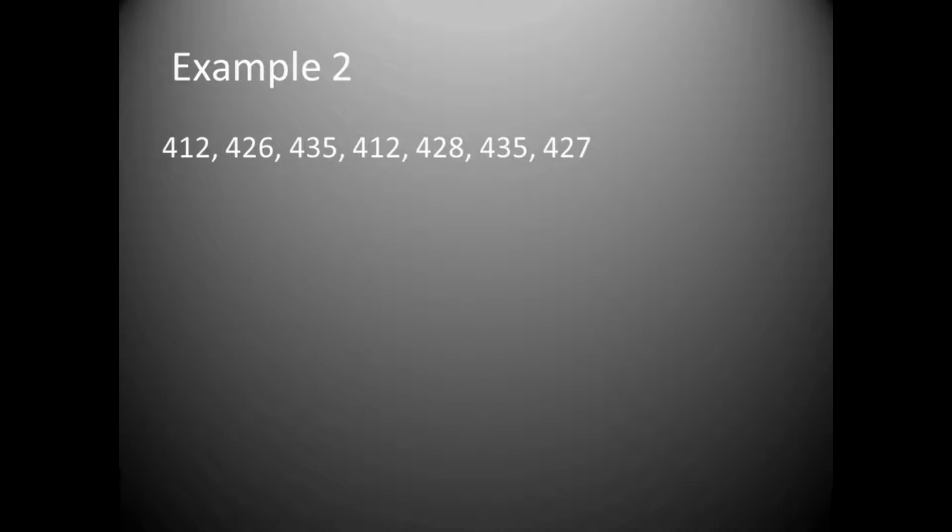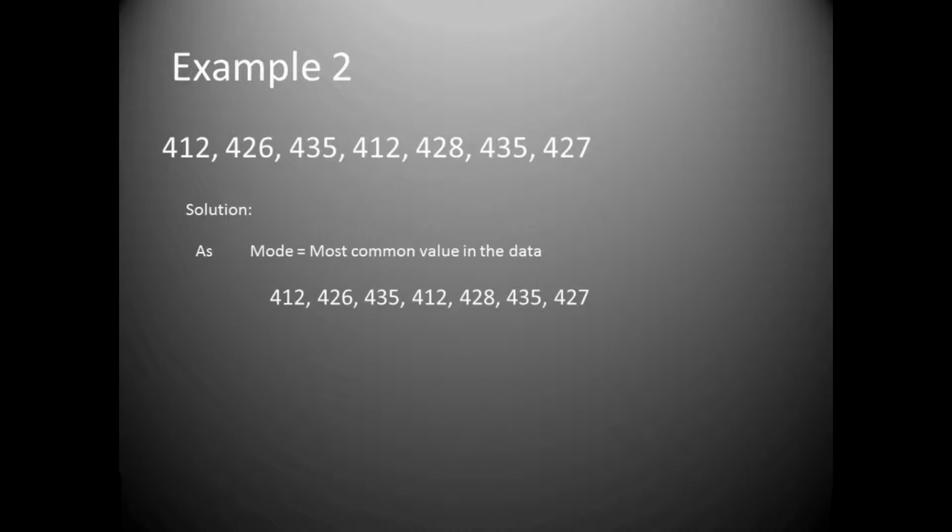Consider another example. We have data 412, 426, 435, 412, 428, 435, 428. According to the definition, again, mode is equal to the most common value in the data. You can see that in the data we have 412 and 435 values, meaning two values which are repeated an equal number of times.